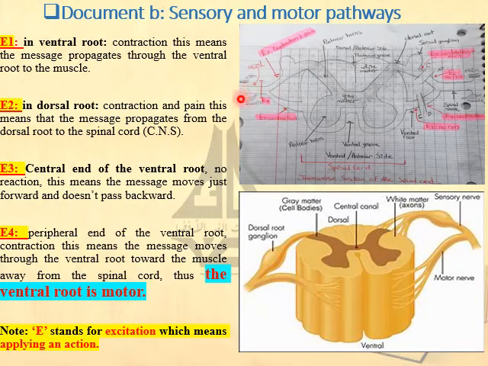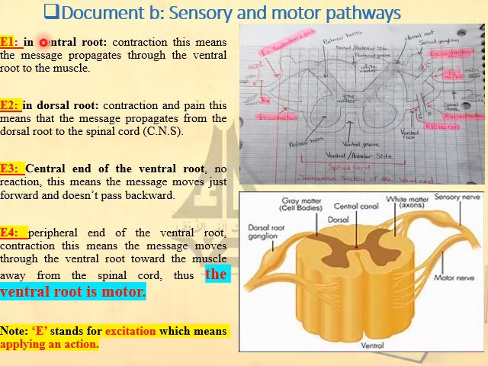So what can you draw out from such a conclusion, where when we apply a stimulus on the ventral root, we notice that there is contraction, which means that the muscles make a movement? How can you explain it?